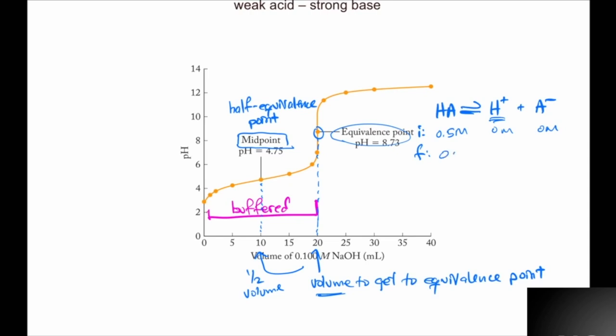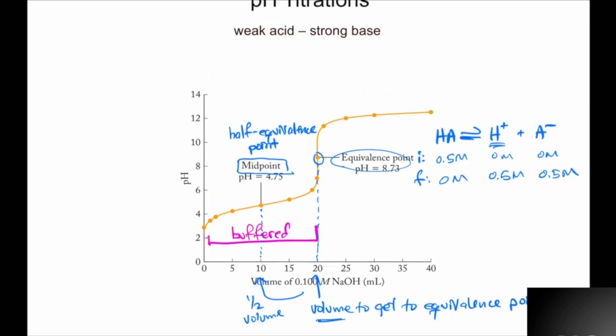It's all gone into its components, in this case, in a 1-to-1 ratio. So if that's true at the equivalence point, then at the half equivalence point, if we had 0.5, we've dissociated half of it into its component ions.